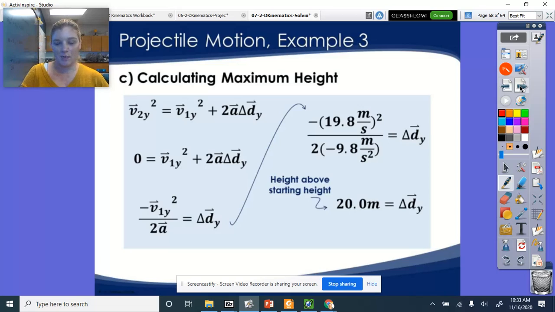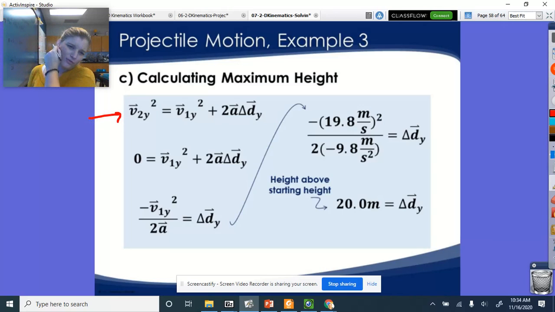Now to calculate the maximum height, the easiest thing to do is set that second velocity equal to 0, because that's where it starts getting pulled back down to earth. So when I do that, I plug it into equation 4, I think. Doesn't matter. Nobody else remembers them in that order.